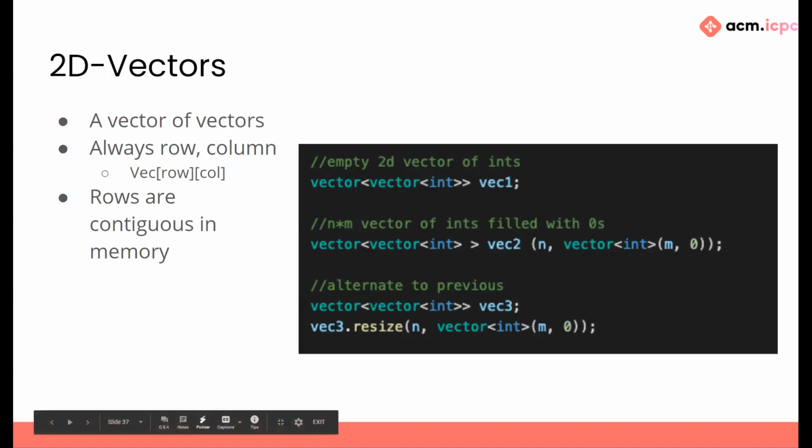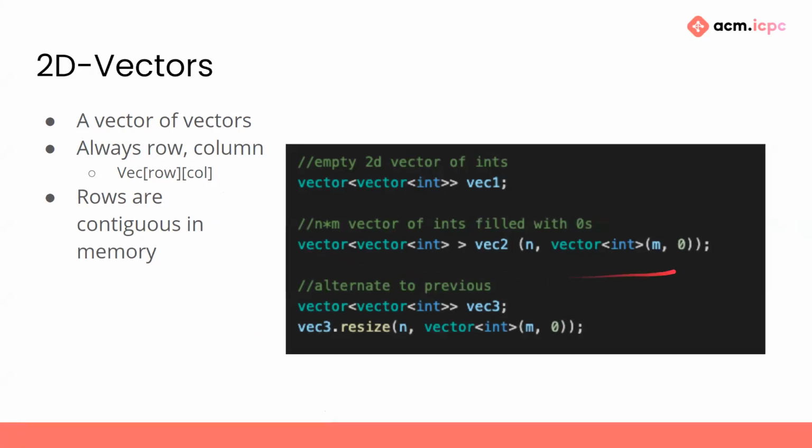And here's just another way. Here's a way to declare a 2D vector filled with zeros. Essentially, we're declaring a vector of n elements, and each of the elements in this n-element vector will be a vector of m elements.